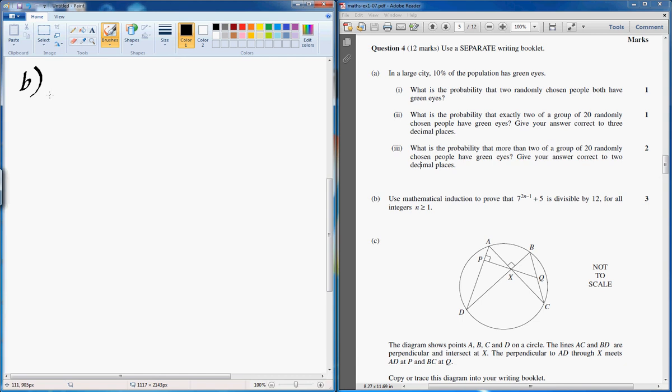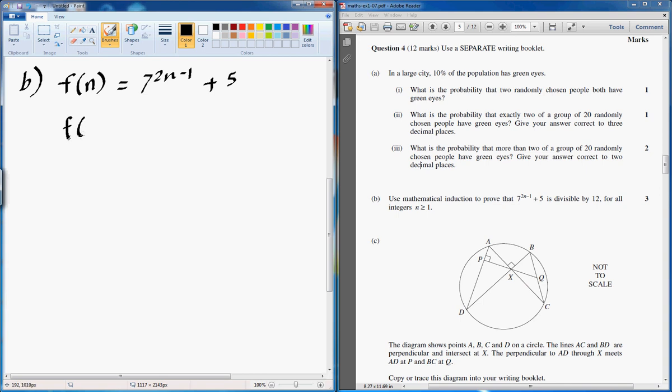Okay, part B. We need to use mathematical induction in this question. So the first thing that I'm going to say is f of n, a function of n, is equal to 7 to the power of 2n minus 1, plus 5.